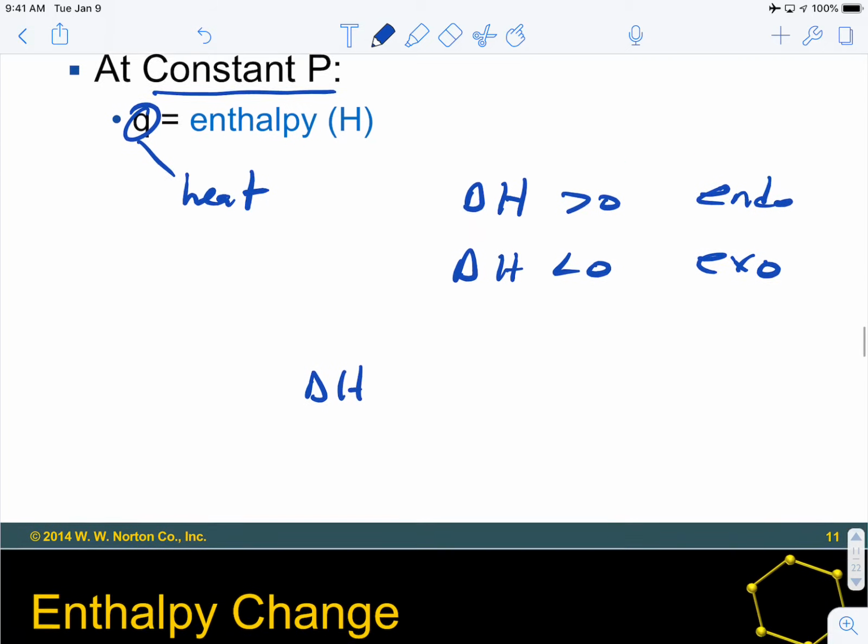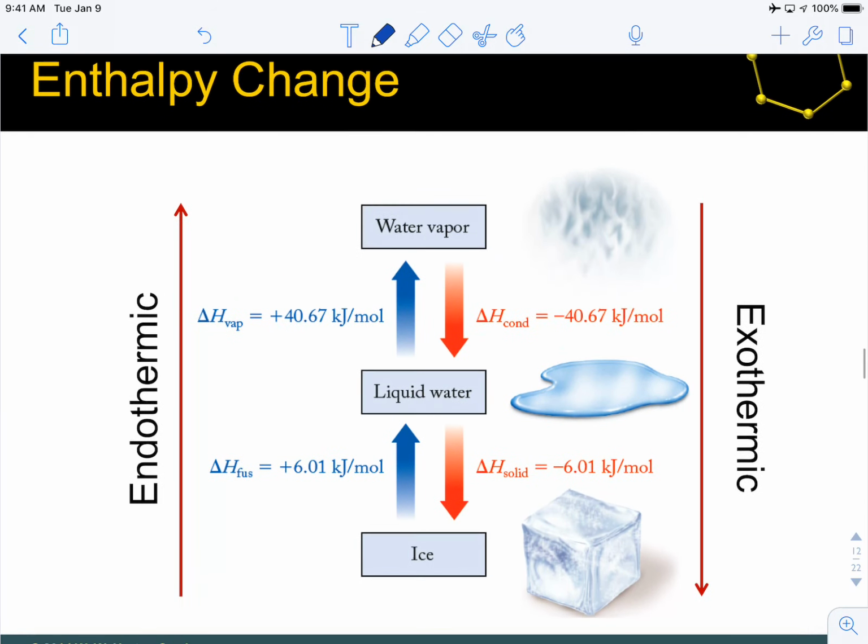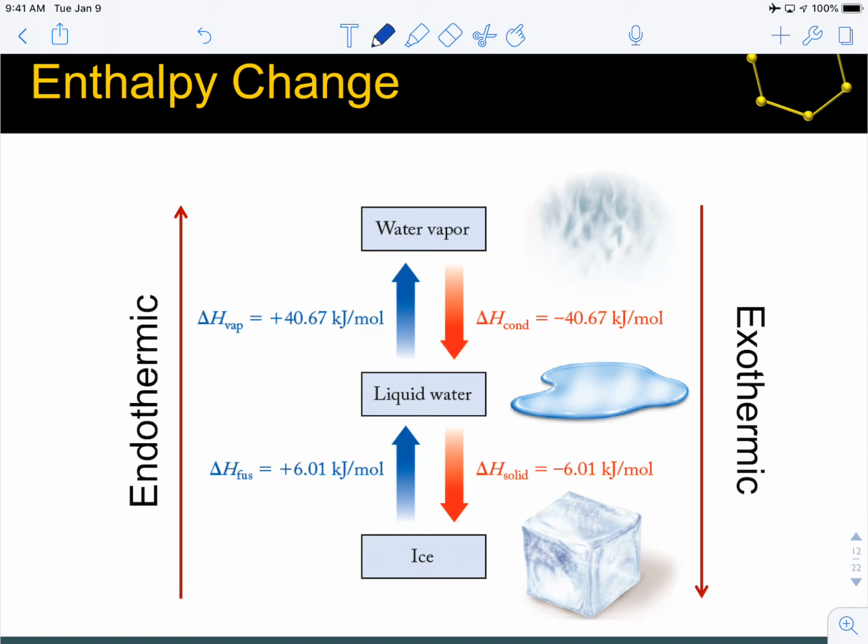For right here, for instance, we have different notations, and what we're looking at is heat of fusion, which is melting. That's the word we use for melting here. It's a heat of fusion. We don't say the heat of melting. So this is the energy needed, if you will, to convert ice to liquid water.